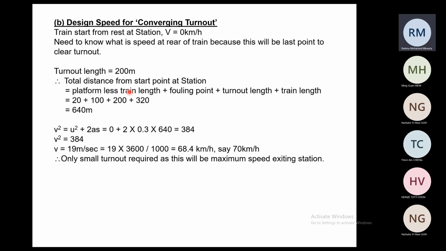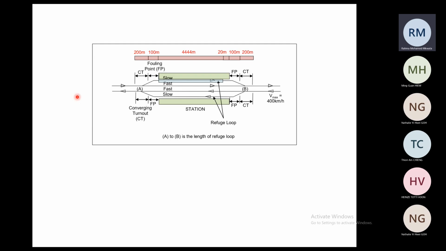So we know the turnout length is 200 meters. The total distance from the start point of the station, so it starts from 0 kilometers per hour. Platform less train length, that is 20, the 20 remaining distance. If we go back to the previous slide, the train will stop actually here. The rear of the train will be here.